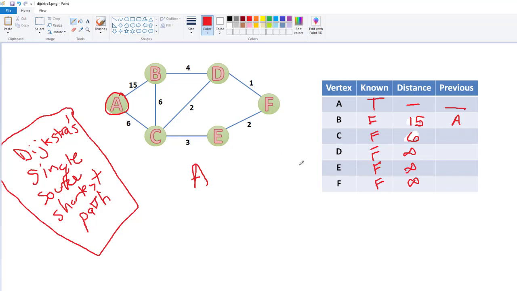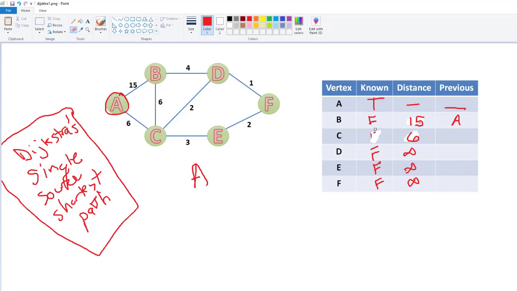Since I've exhausted all of the nodes connected with A, which was the node under consideration, and notice I did not mark anything known yet, I do need to next pick another node. I go with the shortest distance of any node that is not marked as true. So I look at all the falses, which is all the other nodes besides A so far, and I look for the smallest number. And that happens to be C.